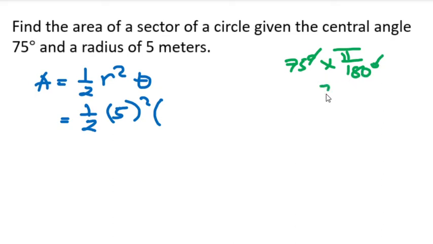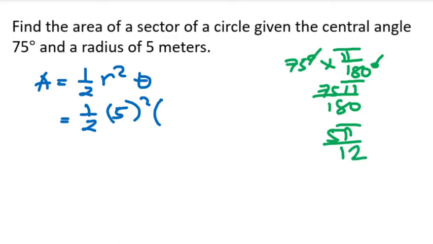So, we have now 75 pi over 180. Simplify natin yung 75 and then yung 180. Pag sinimplify natin yan, magkakaroon tayo ng 5 pi over 12. Okay?